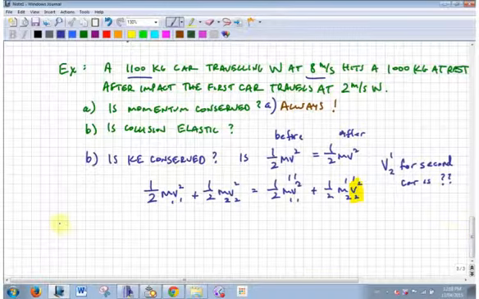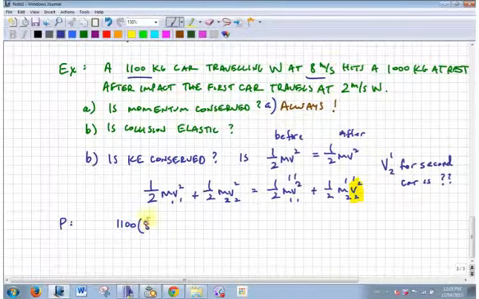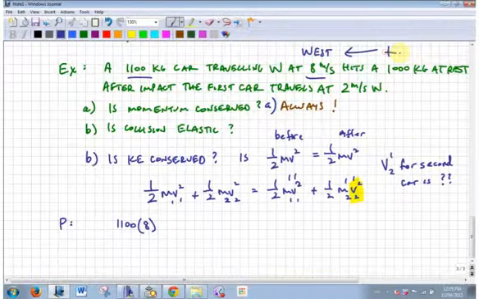Okay, so momentum. Before, I'm not going to write all the formulas down, I'm just going to whip it in here. I'm going to take west as positive. Okay? West is positive, so now I don't have to worry about direction. What's the momentum of the second car before?